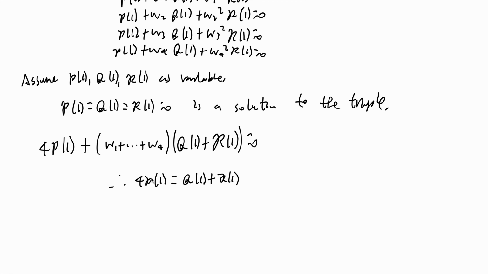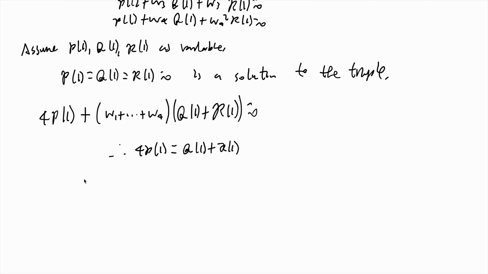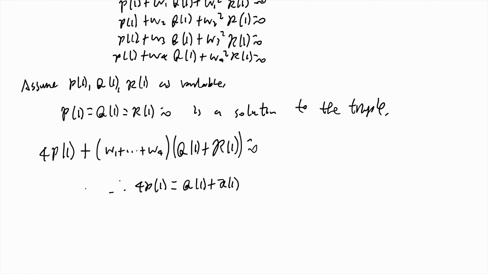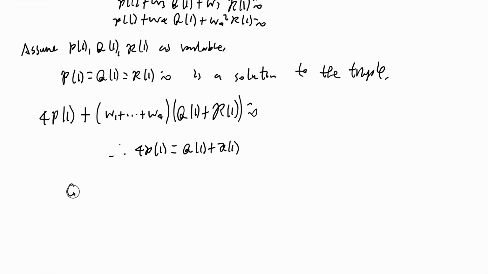And let's substitute them like here. So we have Q of 1 times 1 over 4 plus omega sub 1 plus R of 1 times 1 over 4 plus omega sub 1 squared equals 0.